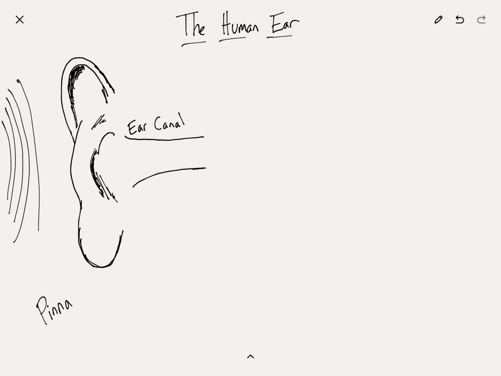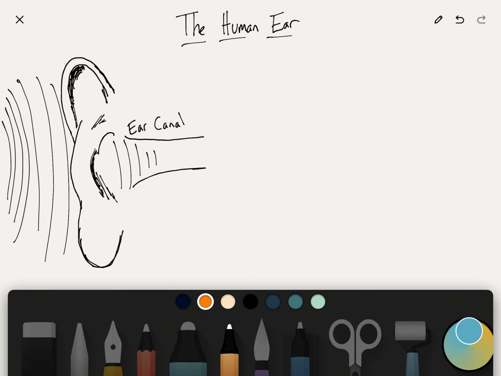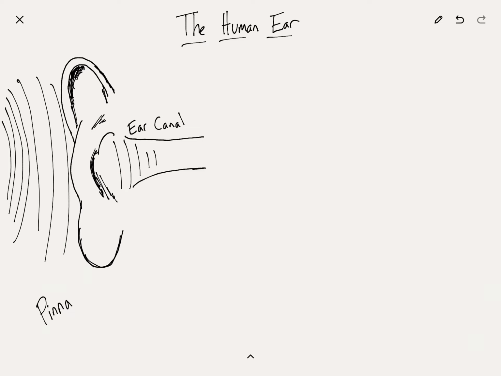Okay, so those sound waves are going into the ear, and they go through there, and they are funneled down here. Now, once they are in there, you will see that there is a lot of material in here. This is where you would find the earwax, and the earwax is used to prevent infections in the ear, to capture any sort of foreign material, okay?